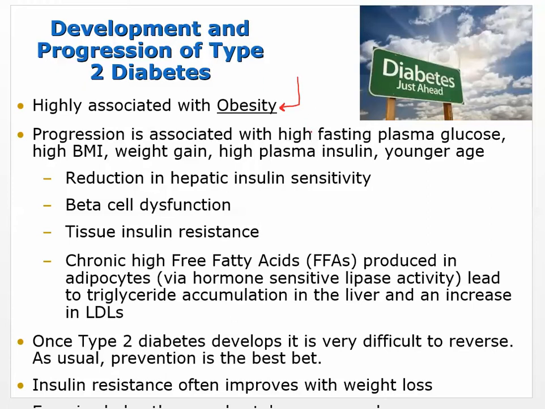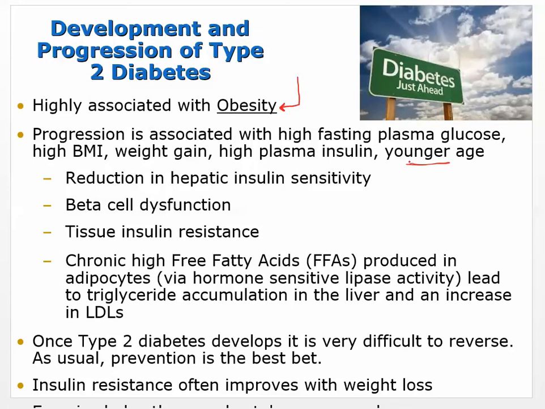But we do see obesity as being highly correlated with it. So progression is associated with high fasting plasma glucose. Okay, so that means you don't eat, but yet your glucose levels don't fall the way that they're supposed to. High BMI, body mass index, weight gain, high plasma insulin, and younger age.